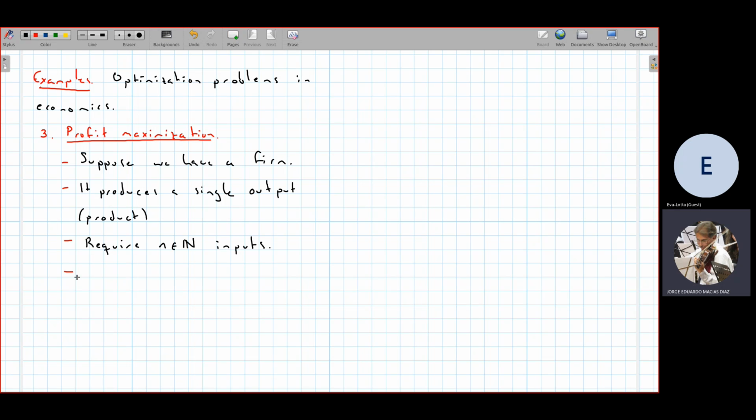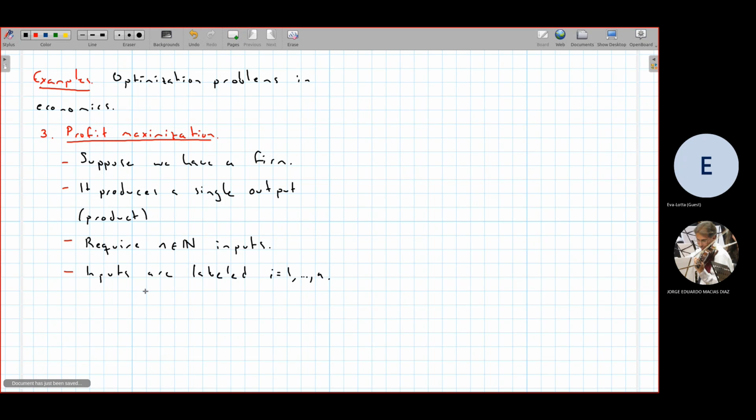Just for notation, we're going to label those inputs from i equal 1 to n.